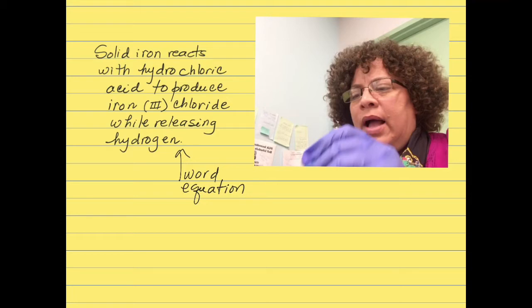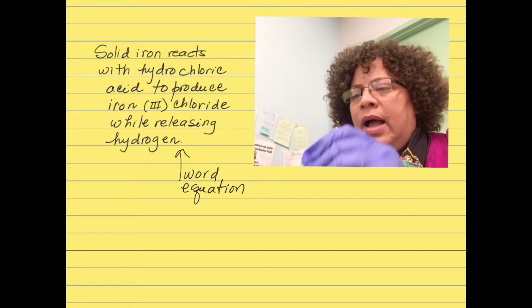Questions about that? No? Okay. Now, there's a way that we can transform that into a chemical equation. What is the difference of chemical equations? You are using symbols to represent the chemical change. And that's what I'm going to do.